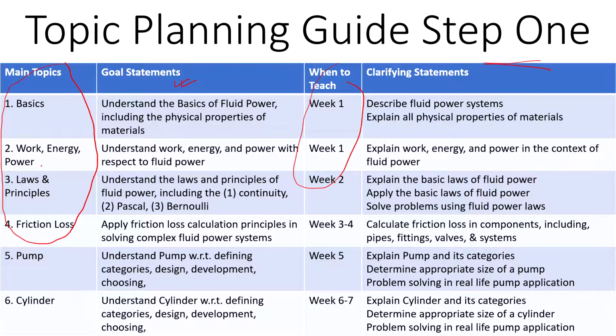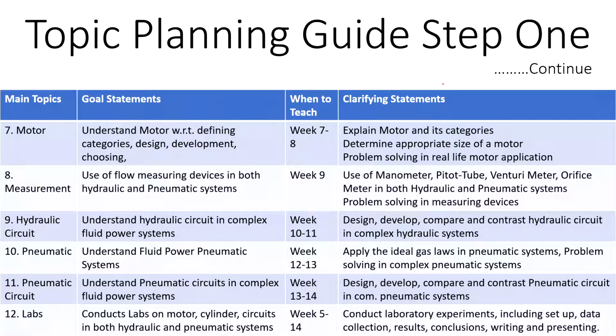What do you want to accomplish from chapter 1, chapter 2, chapter 3, and so on? Have some of these goal statements there. And then also do some clarification in the goals, to what extent they are going to be achieved, using Bloom's taxonomy action verb list in this clarifying statement. So this is for my first 6 chapters, and then the last 6 topics on this.